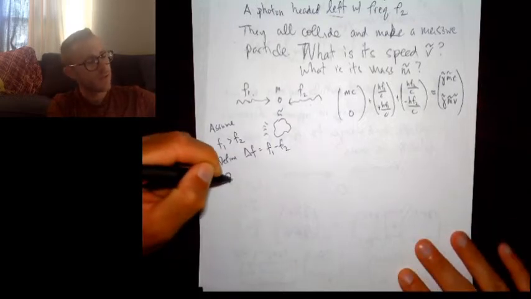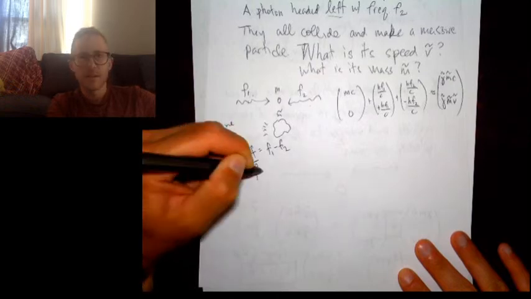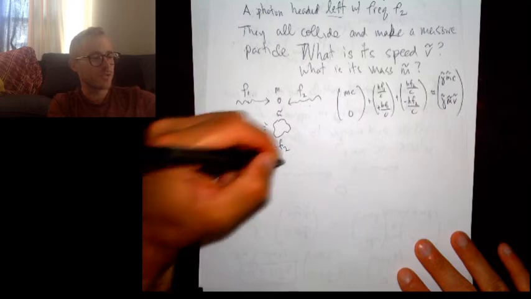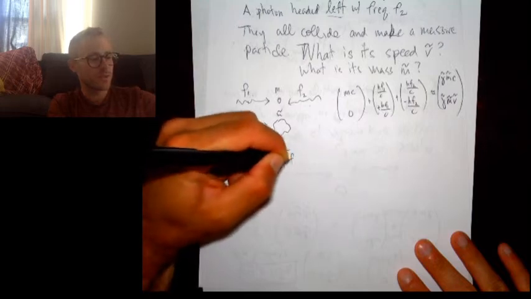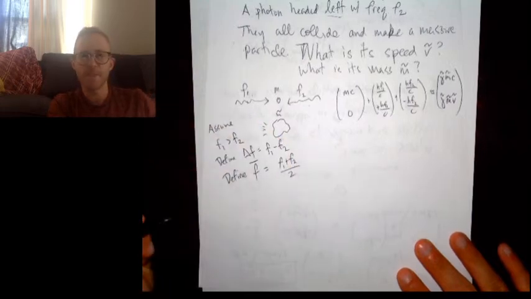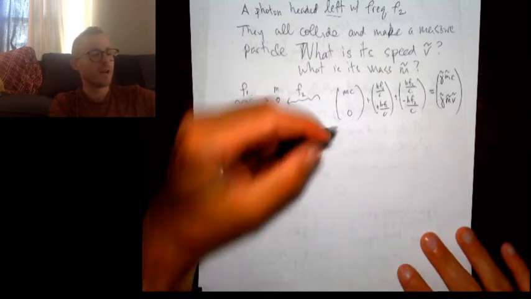Let's also define f bar as the average of the two frequencies, so f1 plus f2 over 2. So what do I get when I add the top row?